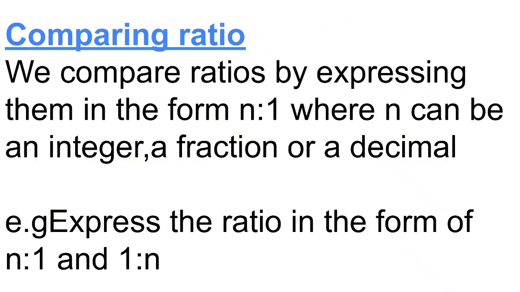Let us move on to comparing ratios. We compare ratios by expressing them in the form n:1, where n can be an integer, a fraction, or a decimal. Now, let's look at this example.